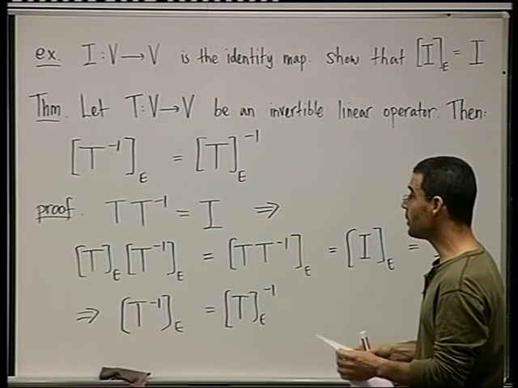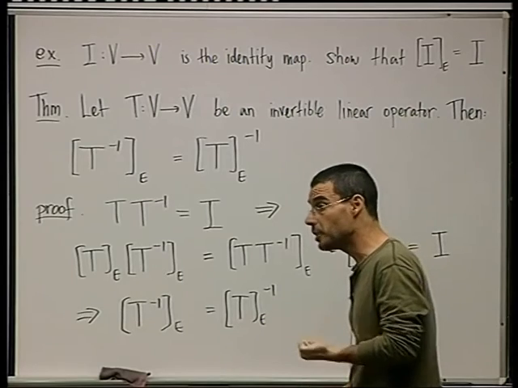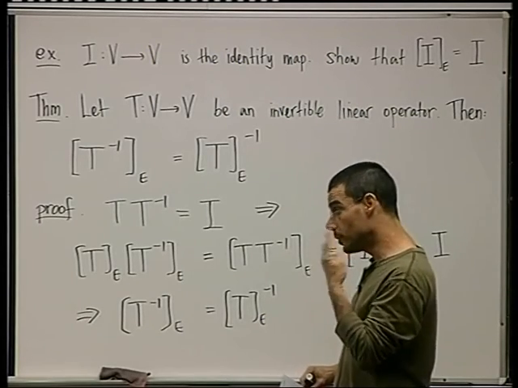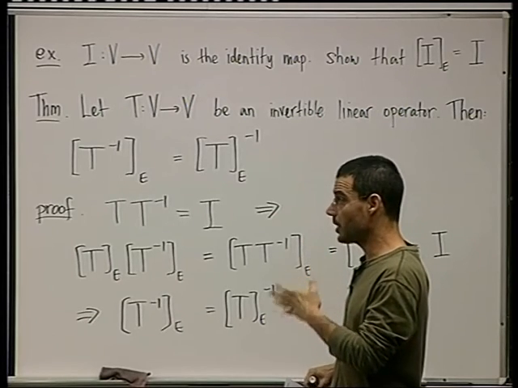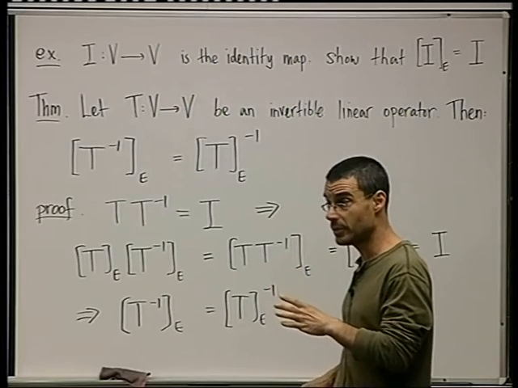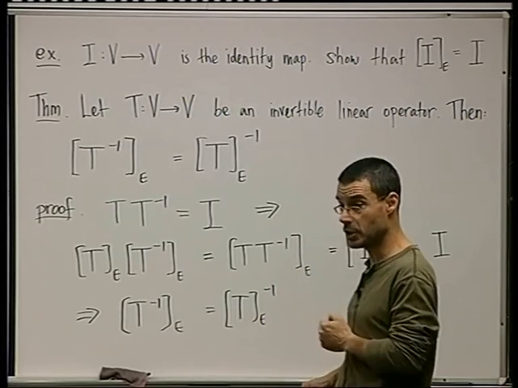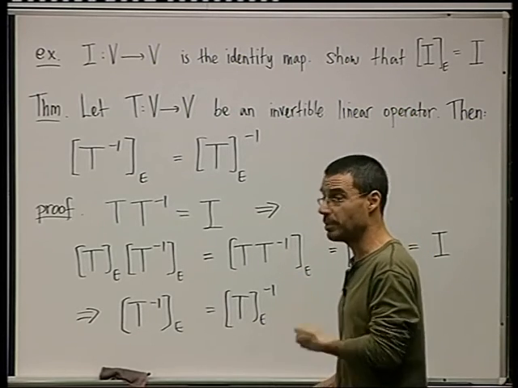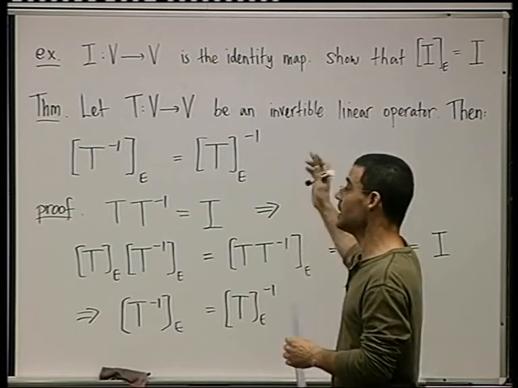So you may need to read this again, and before you read this again, you may need to go back and recall two things. One is our discussion of coefficient vectors, because we used some facts about them. What is a coefficient vector? And the other is our discussion of representing matrices. What is T E F?